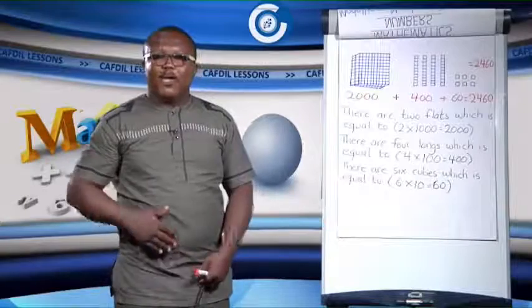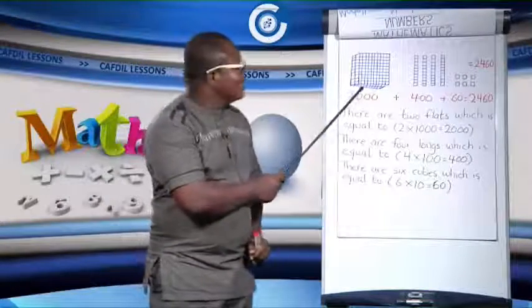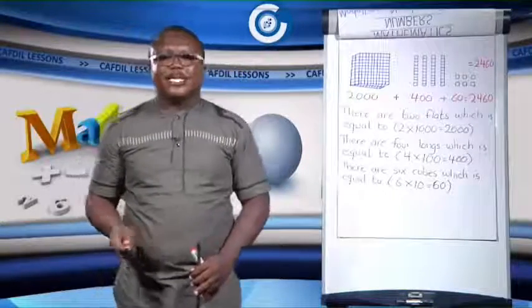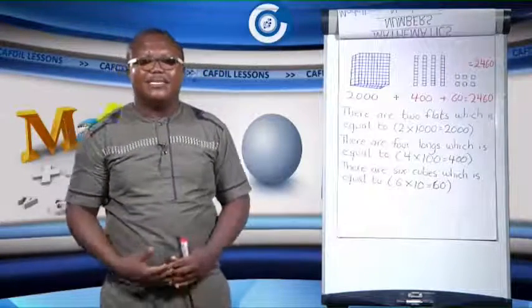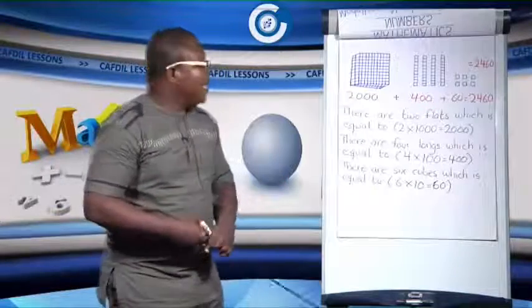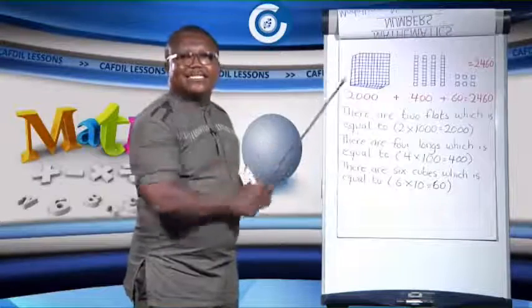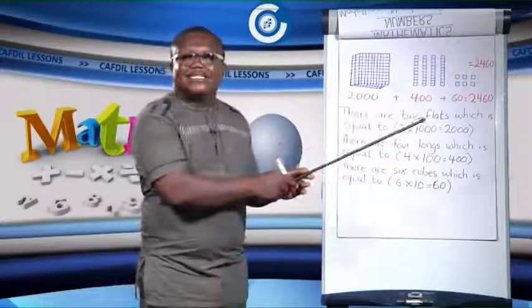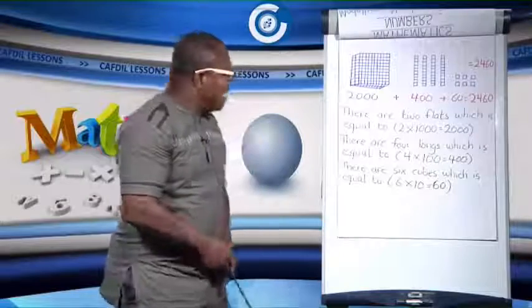Learners, because in drawing the flats, the longs, and then cubes, sometimes it consumes time. So somebody can just draw it like that without marking the lines. But here, I have done that for you.